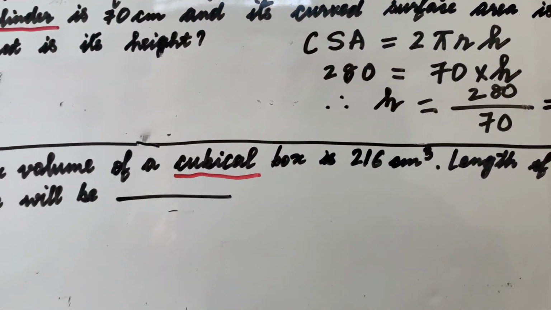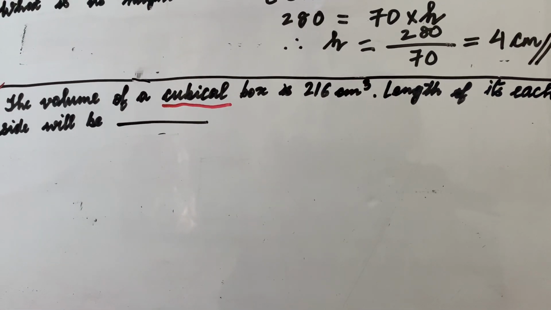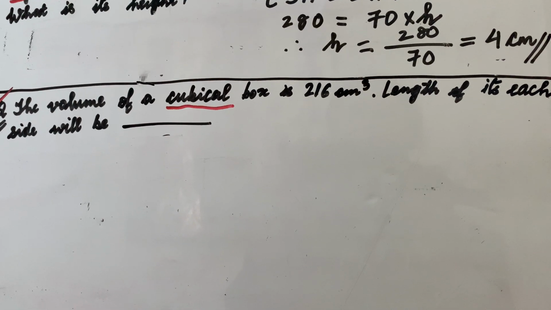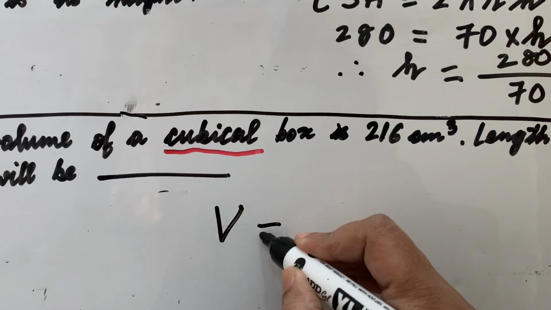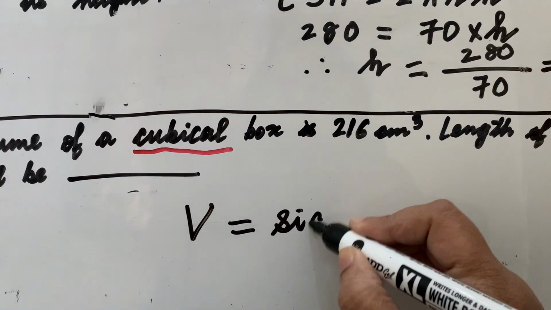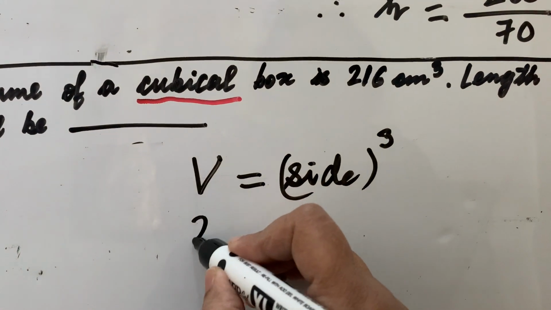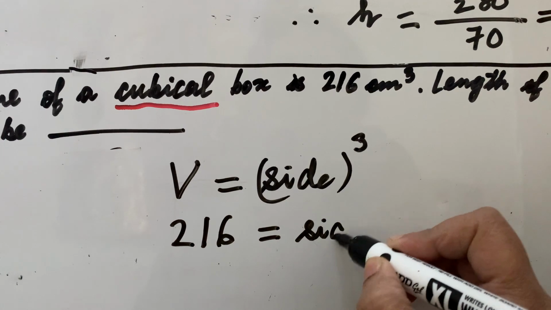Next question. The volume of a cubical box is 216 centimeter cube. Length of its each side will be dash. So volume of a cube is given by side cube. So here 216 is equal to side cube.